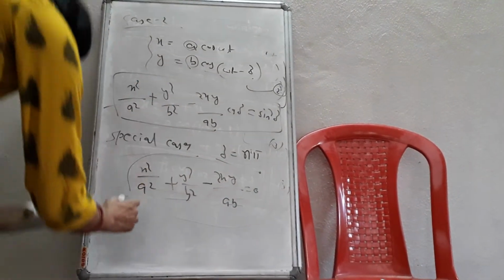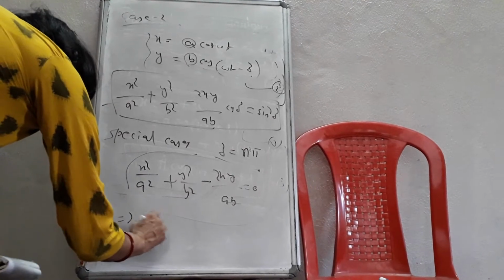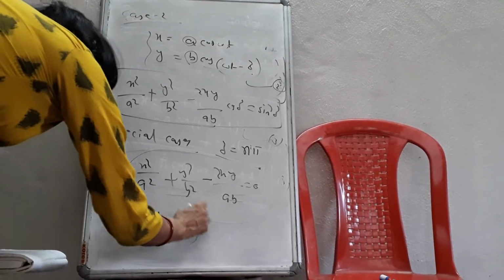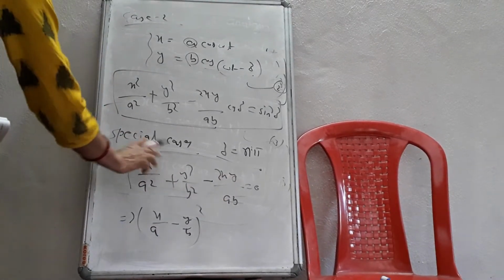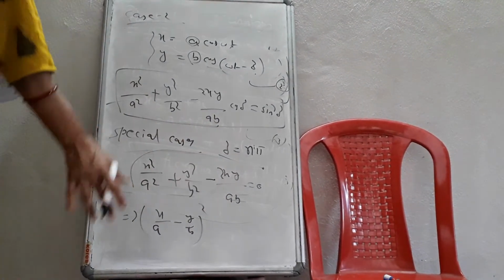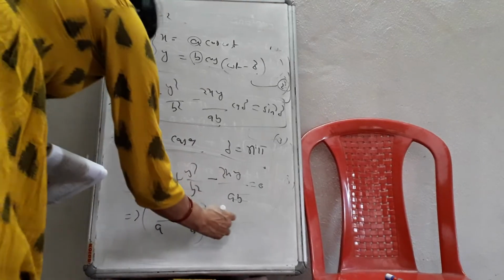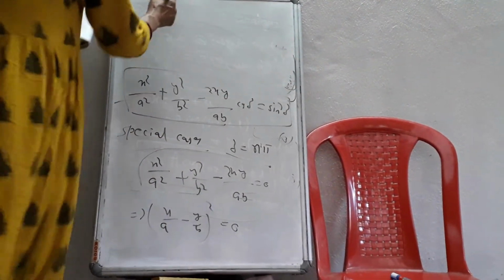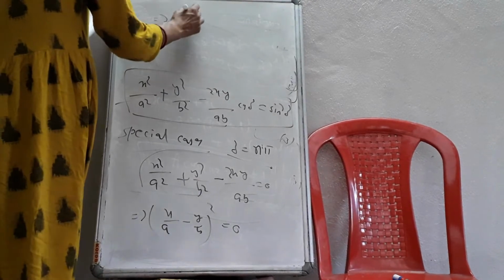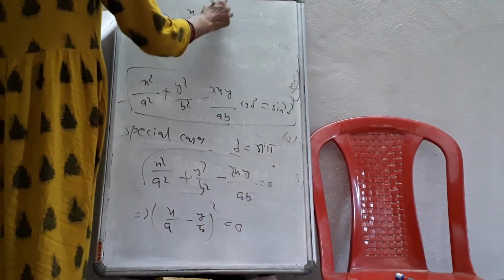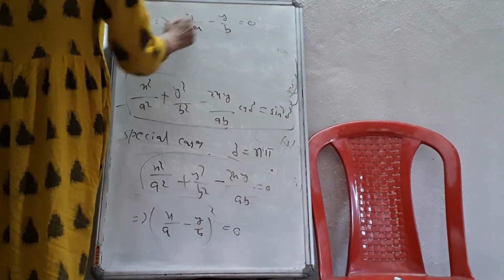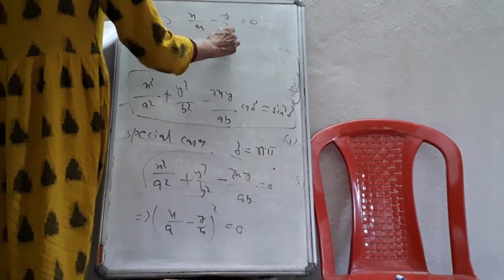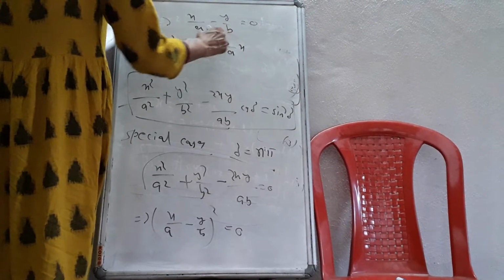This equation can be written as x by a minus y by b whole square, because this is x square by a square plus y square by b square minus 2xy by ab, the a minus b whole square formula, equal to 0. This implies x by a minus y by b equals 0. What this implies is y equals plus or minus b by a into x.